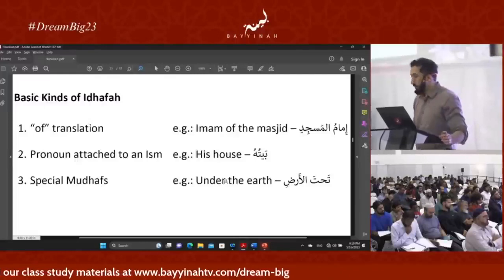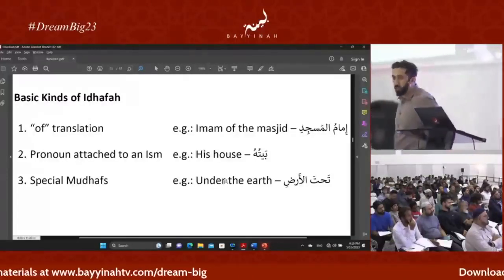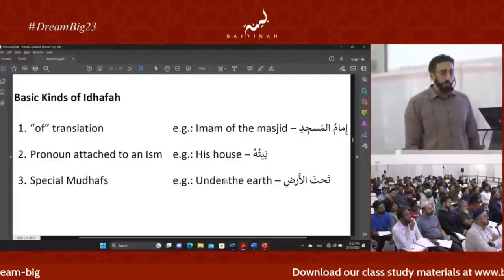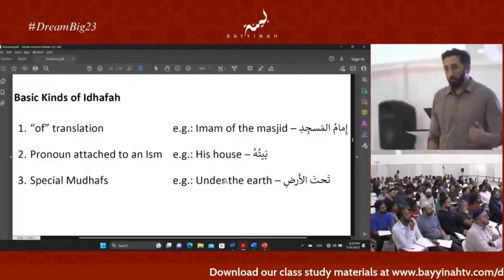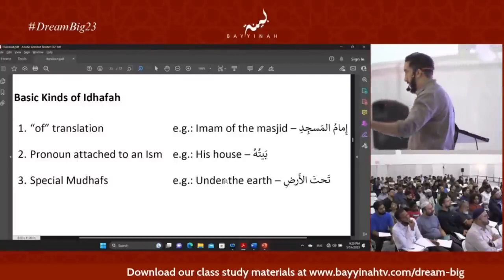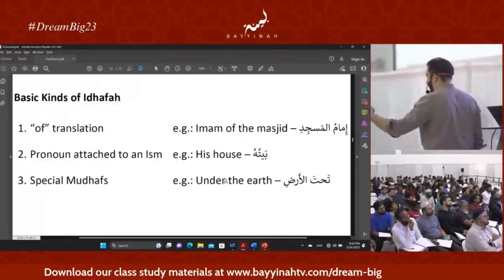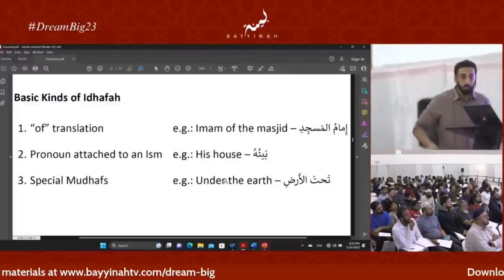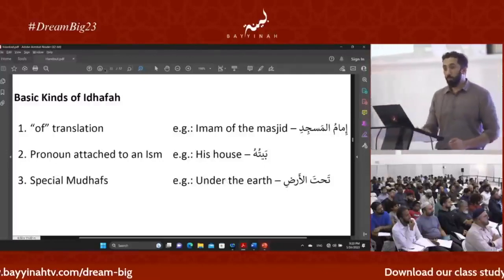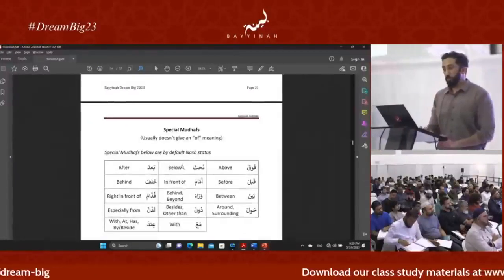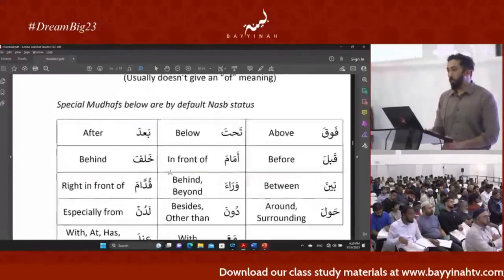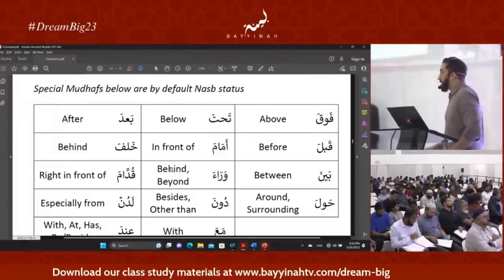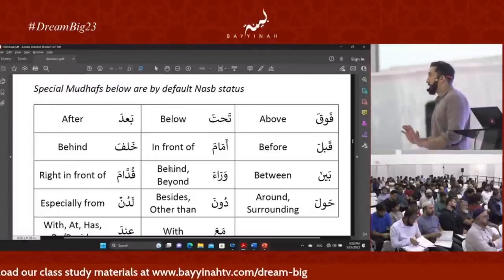Now, do you remember the definition of an ism that we did many moons ago? What did I tell you about an ism? Person, place, thing, idea, adjective, adverb, and the next page is what I mean by more. These words are, you can almost say, considered ism because the Arabs said so.